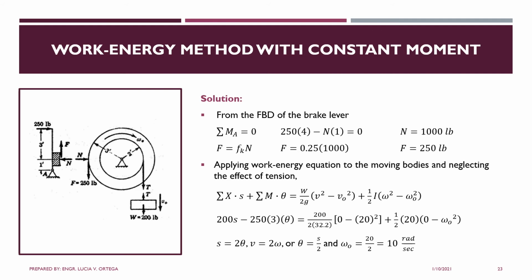So from the free body diagram of the brake lever, let's take summation of moment at A. We neglect the thickness of the brake. So we consider only 250 times 4 minus N times 1. So you can solve for the normal reaction. And the force of friction is coefficient of friction times normal reaction. So we got here 250 pounds.